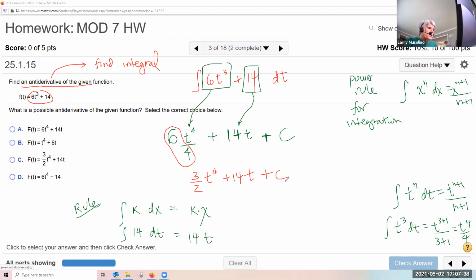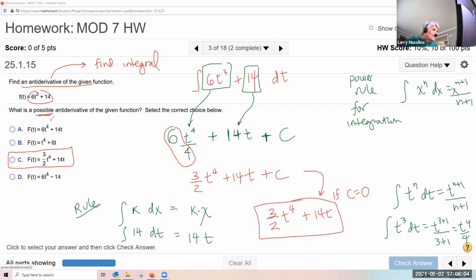This is a multiple choice question. Well, I could see right here is the only answer that makes sense. And you might say, why don't they have the c there? Well, they said, what's a possible antiderivative? So what if c was 0? Right? If c was equal to 0, then this antiderivative would be 3 halves t to the 4th plus 14t.